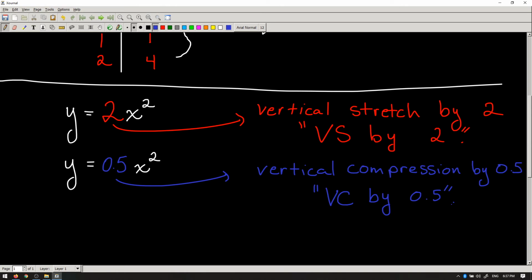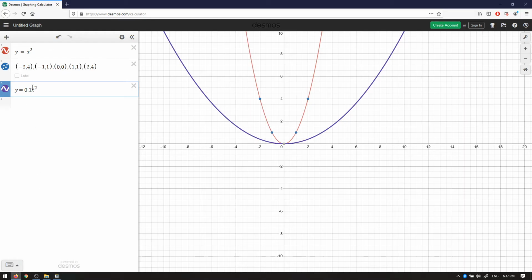Now, if you're familiar with integers, you know that I don't have to call it 2. Could I have included a negative? Let's say I made this 2 a negative. So instead of being 2, it would be negative 2x squared. What does that do? So let's go back.